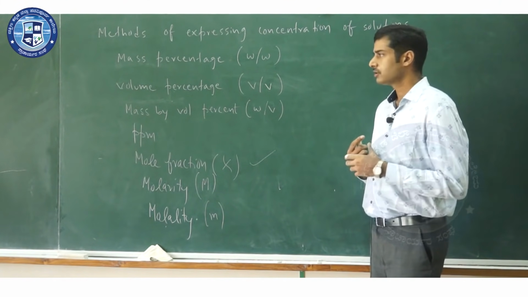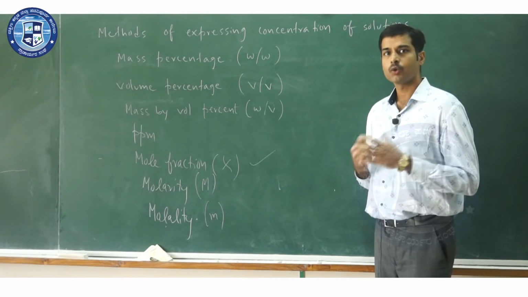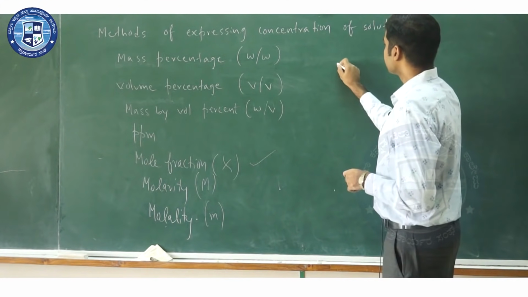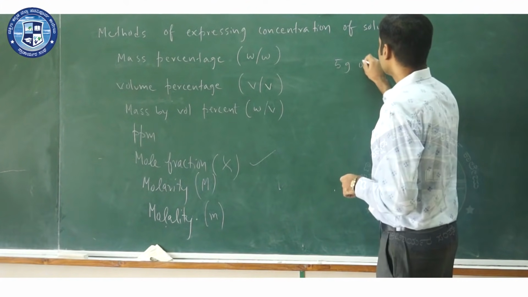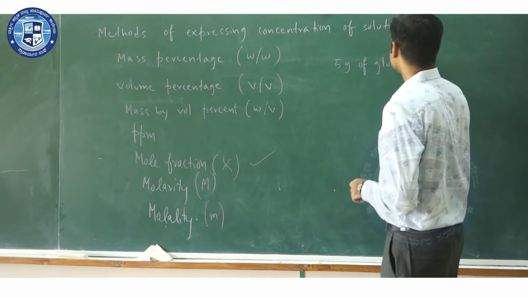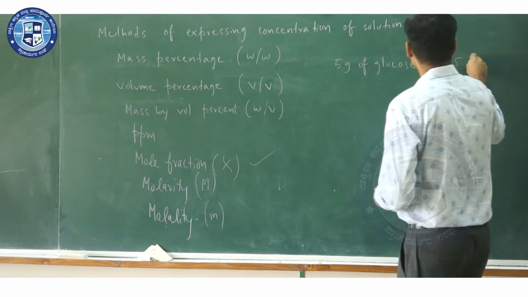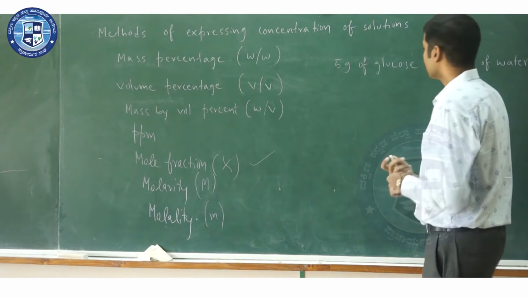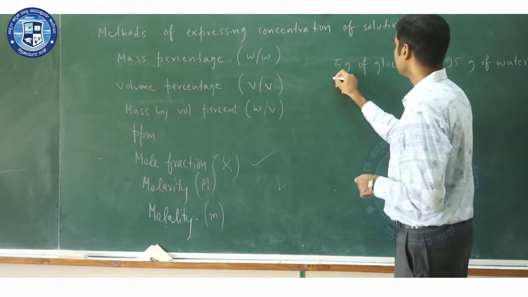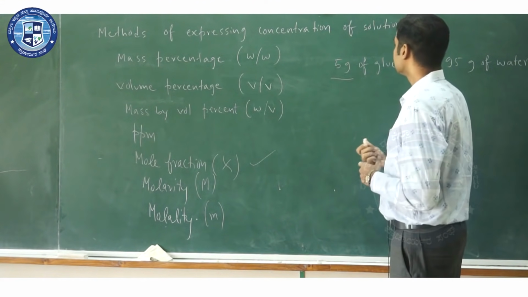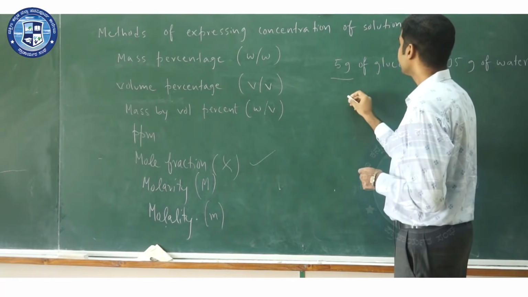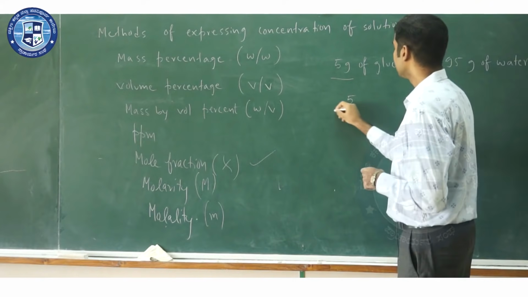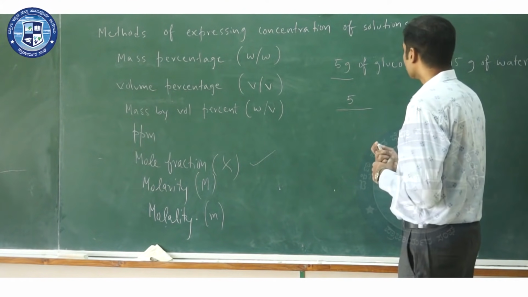First one, mass percentage. How do we understand the concept of mass percent? Let me consider a situation where I have got 5 gram of glucose in 95 gram of water. Observe that the mass of the solute is 5 gram. So let me take the mass of the solute, which is 5 gram, in the numerator, divide this by the total mass of the solution.